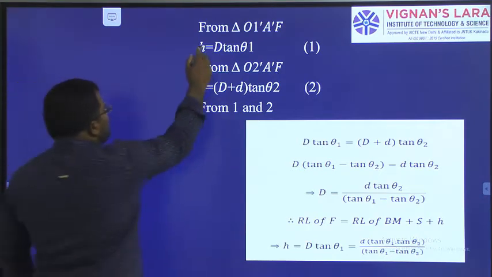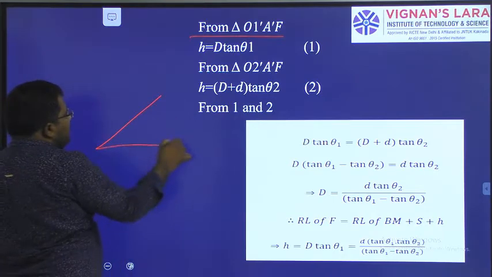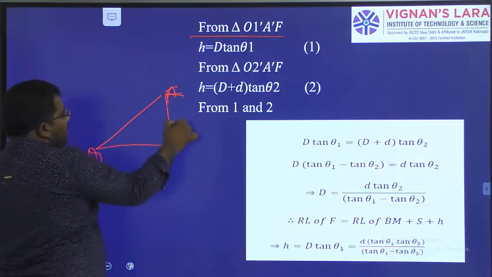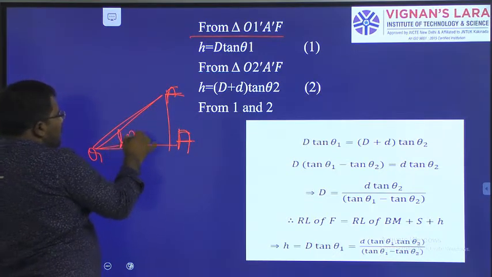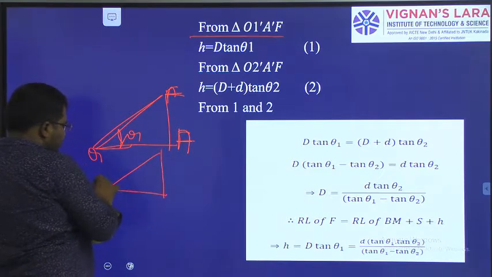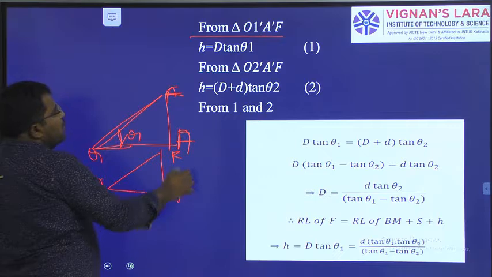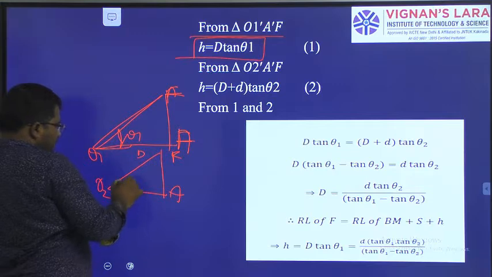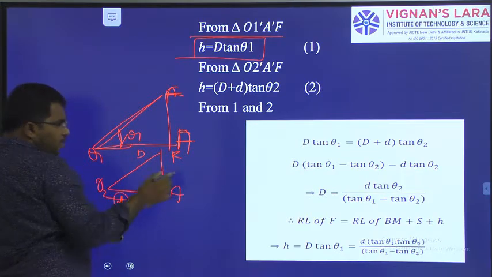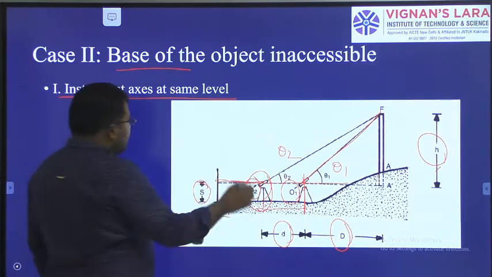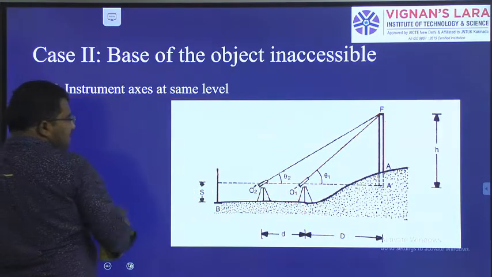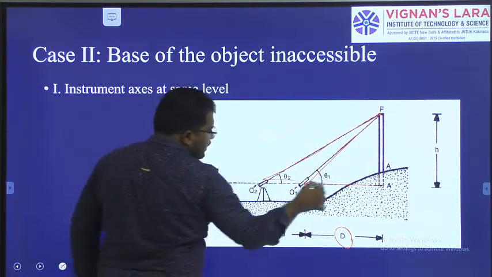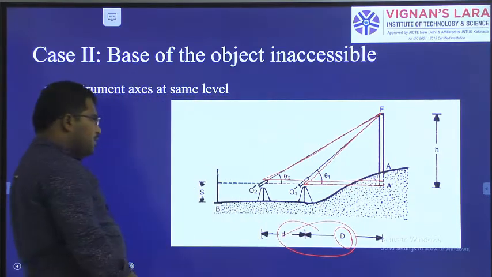The first triangle is from position O1 with theta 1, where the base is D. The second triangle is from O2, where the base is small d plus capital D.